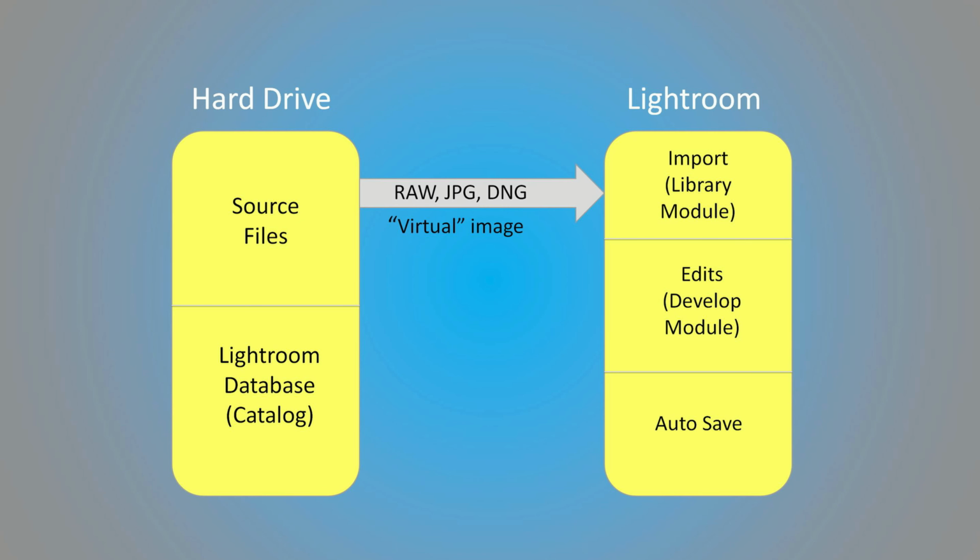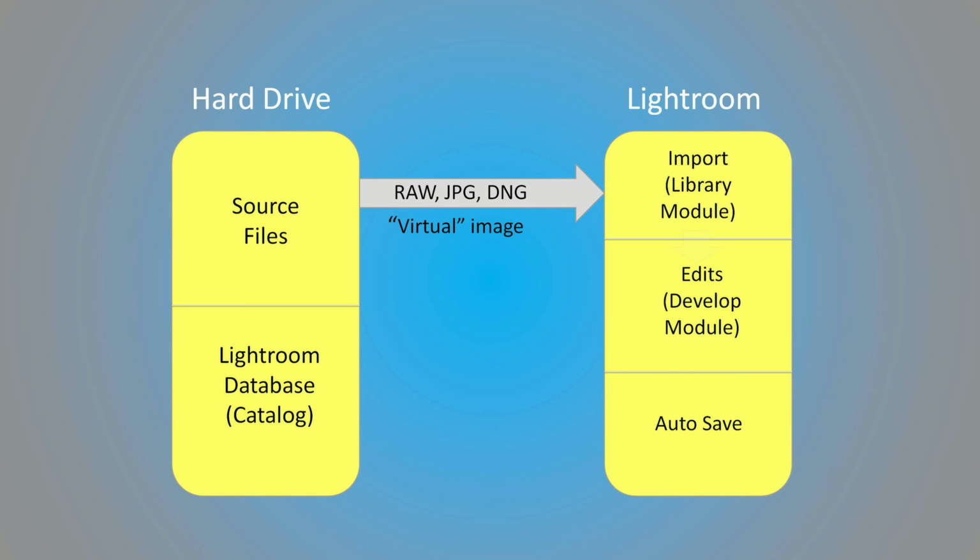So then what we're doing is actually opening within Lightroom's library module. When you import, you're actually just bringing a virtual image, and it can be a RAW, JPEG, DNG file, whatever format. And within the library module, you can do things like keywording, for instance.